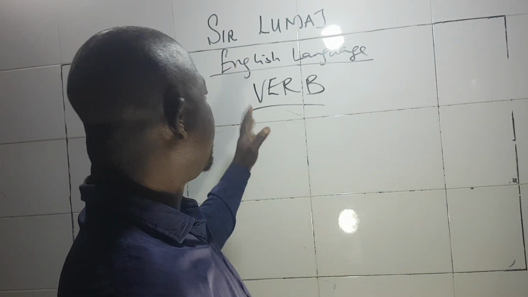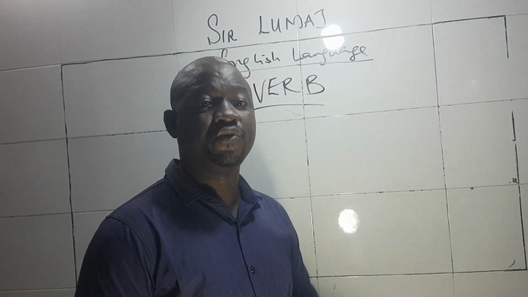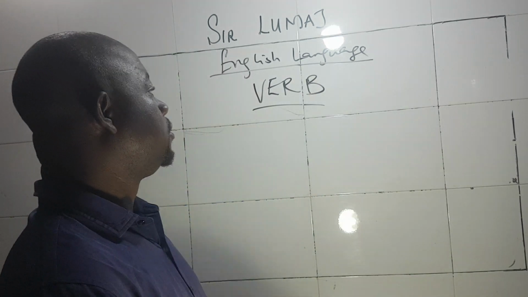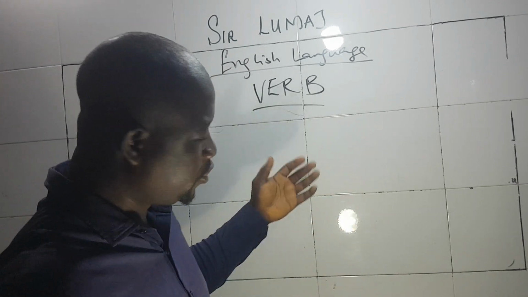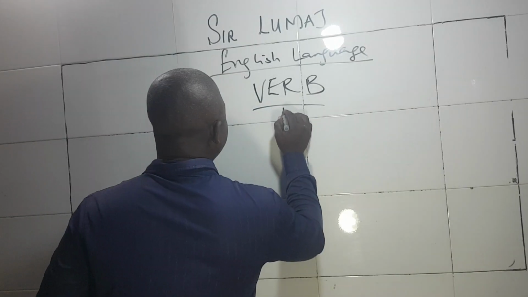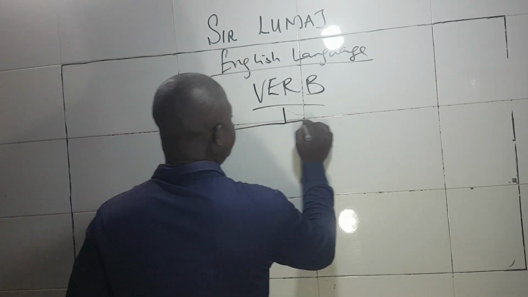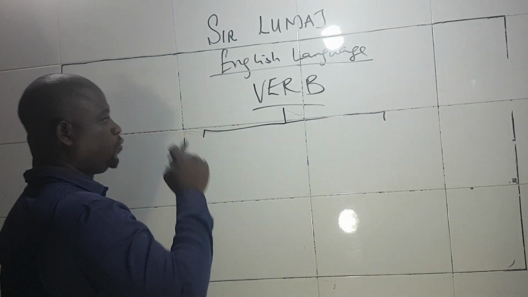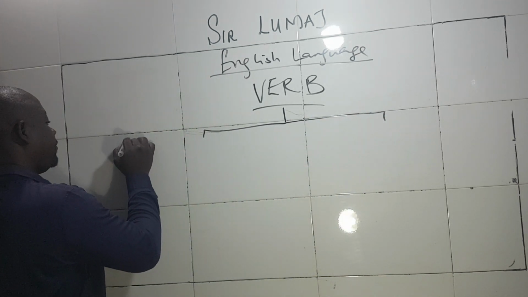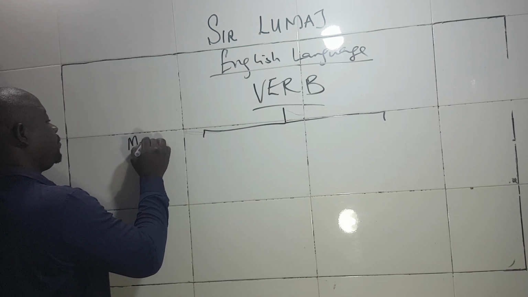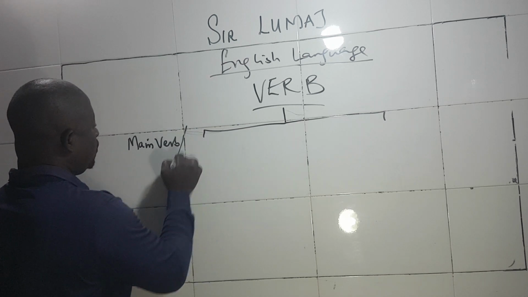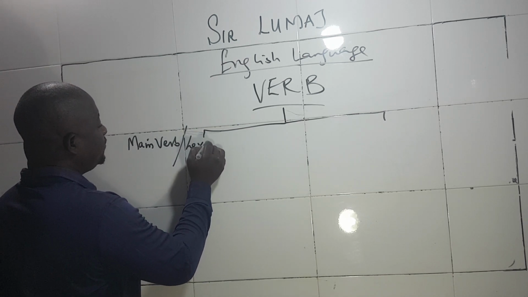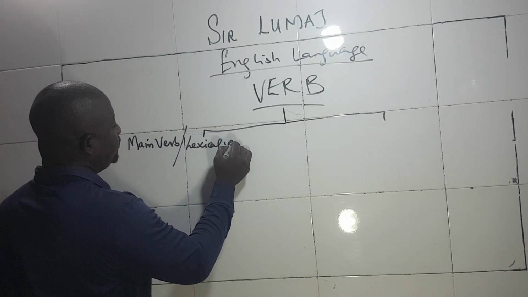So verb is an action word. You see why it is called an action word. And your verb is divided into two. We have the main verb or lexical verb.